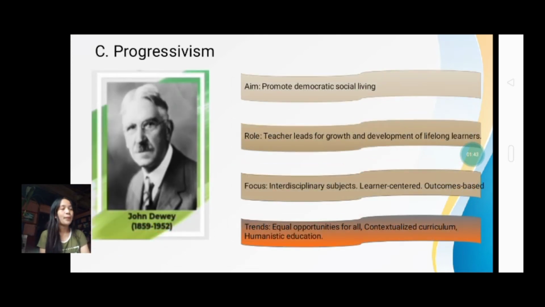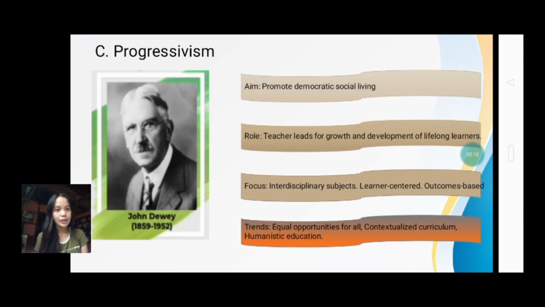The third proponent of philosophy is progressivism, by John Dewey, 1859 to 1952. It is the idea that students learn best from what they consider relevant in their lives. The aim of education is to promote democratic social living.